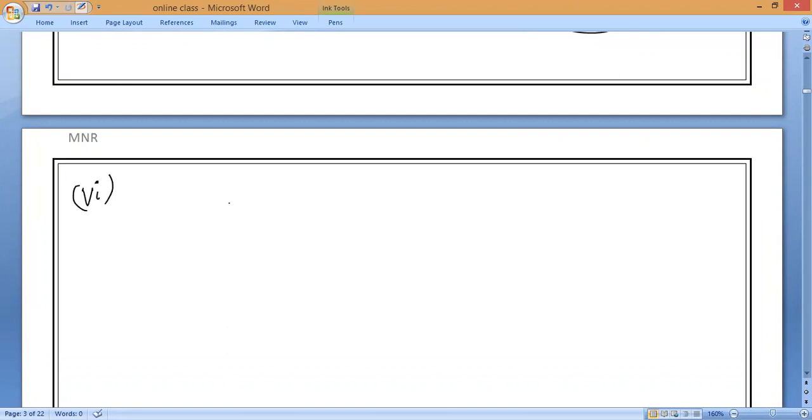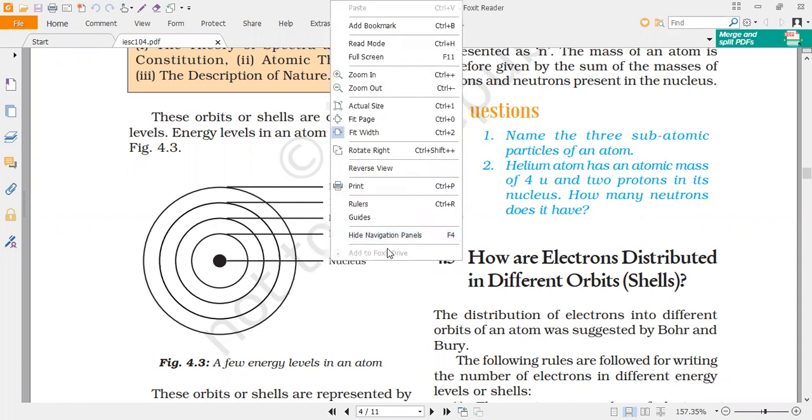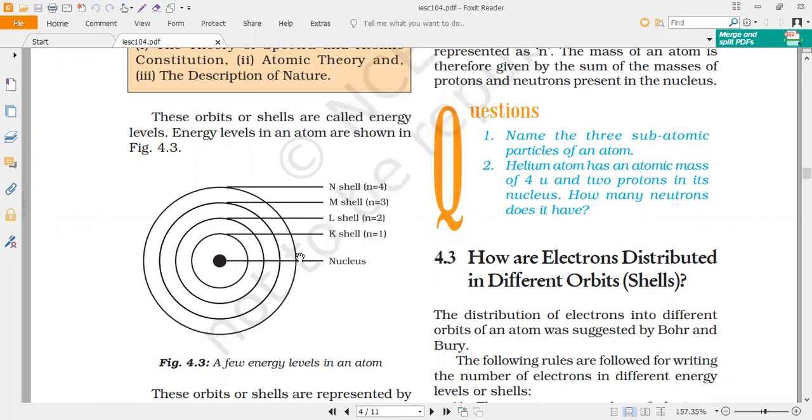These energy levels are designated like 1, 2, 3, 4 or K, L, M, N. You can notice this in the book also, and see how the structure is shown. They are designated as N shell, M shell, L shell, K shell. The first shell from the nucleus we call the K shell, and its number is 1. The next one is the L shell, then the M shell, then the N shell.